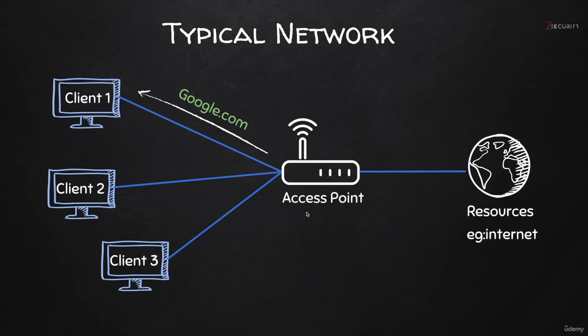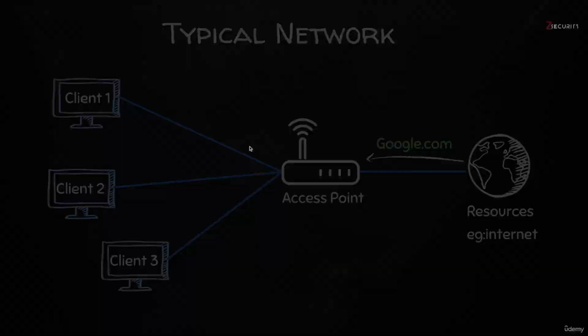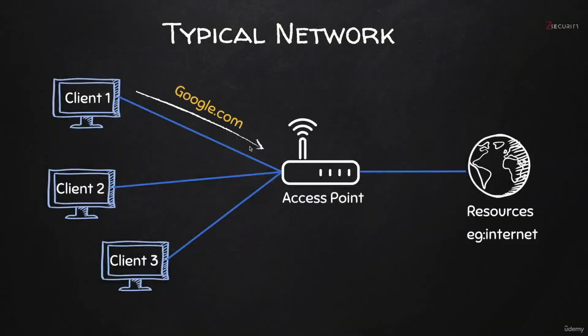So the only way for all of the connected clients to access the resource is to go through the router. The data is transferred between the clients and the access point as packets. You can think of all of these arrows as a series of packets being transmitted between the client and the router as requests and responses.